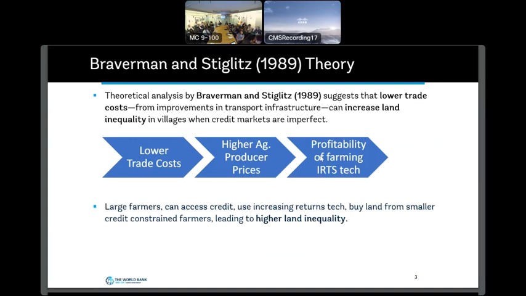Larger farmers are better able to access credit and invest in these increasing-returns-to-scale technologies, so they might buy up land from their more credit-constrained, smaller neighbors. This would end up increasing land inequality. So there's the theory.